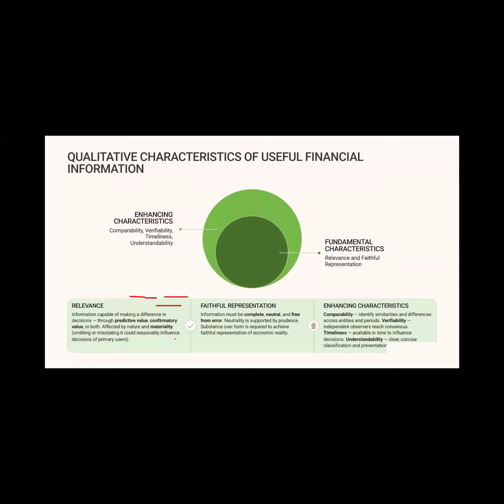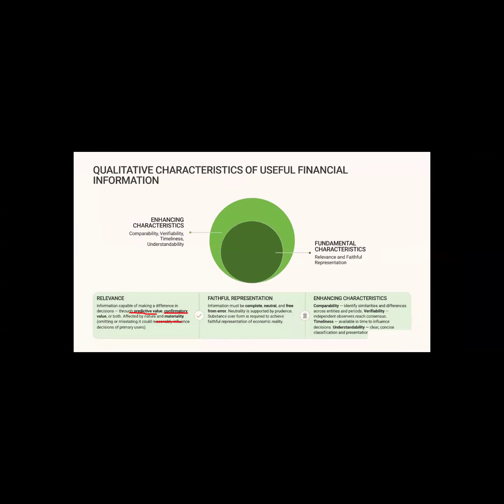What does it mean? Faithful representation means your information should be true. The information that you are giving to your stakeholders should be true and fair. That is what faithful representation is. Under faithful representation we have another three characteristics.